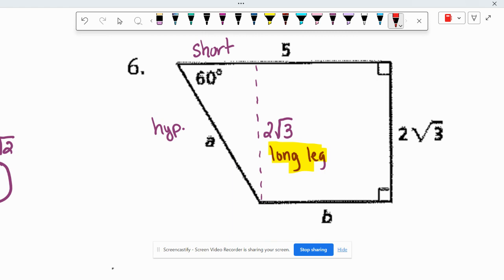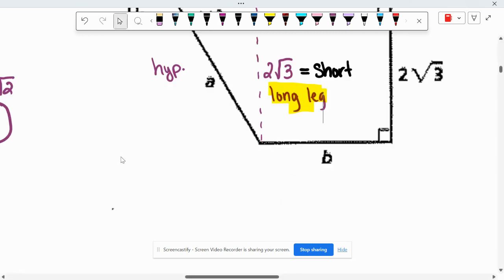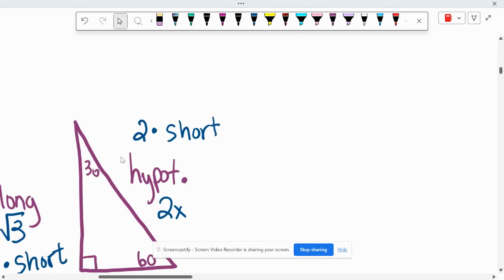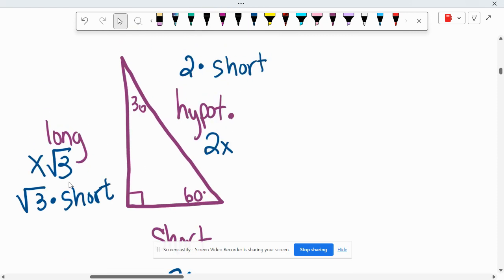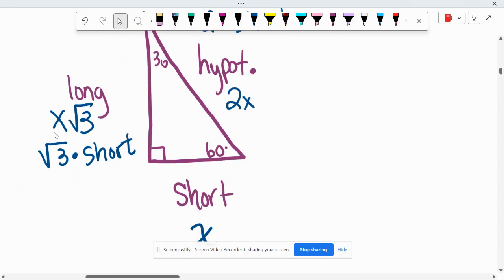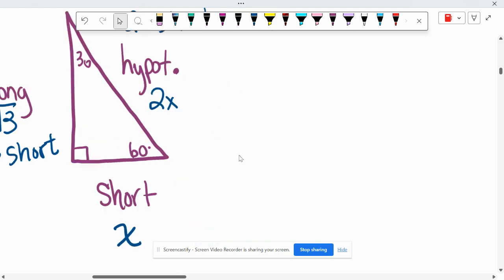How did we get the long leg? What did we do to it? We took the short leg times what? We wrote it right here. I'm struggling to figure out why we're times the square root of what? Yeah, the long leg is the short leg times the square root of 3. Square root of 3 times the short leg. Okay.